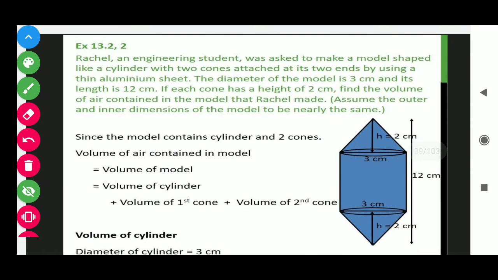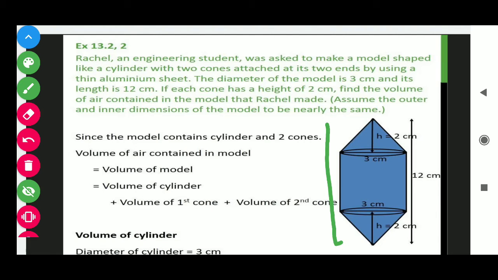Next, here we have a question. Rachel, an engineering student, was asked to make a model shaped like a cylinder with two cones attached at its ends by using a thin aluminium sheet. The diameter of the model is 3 centimeter. You can observe from the diagram, and its height is 12 centimeter.